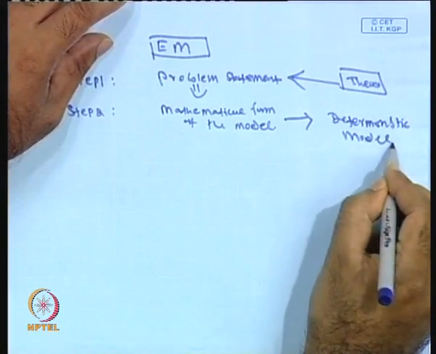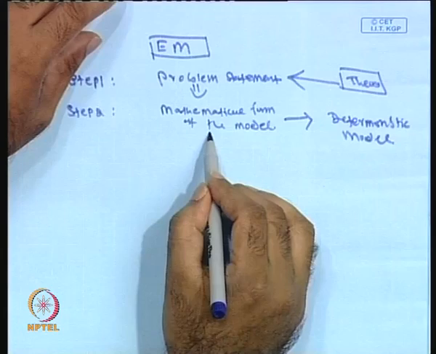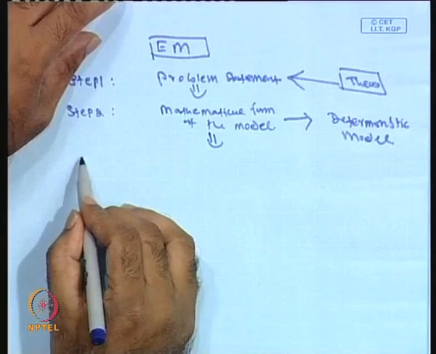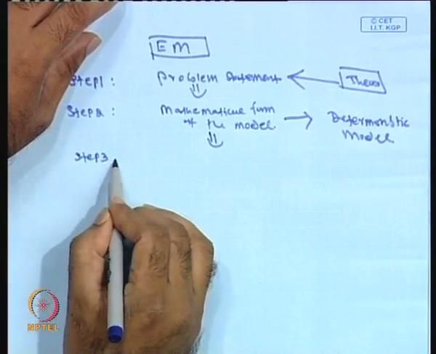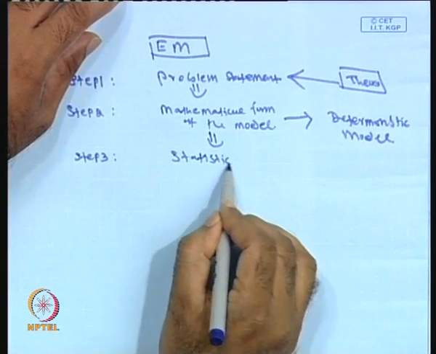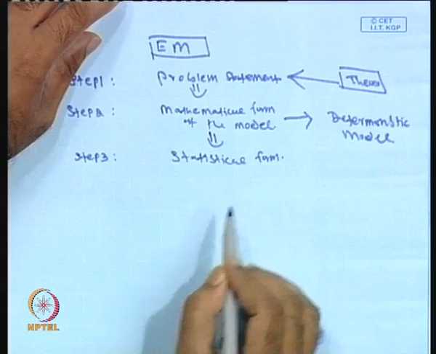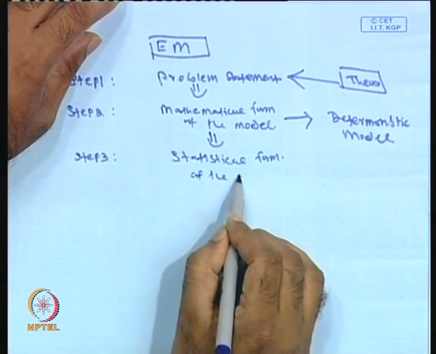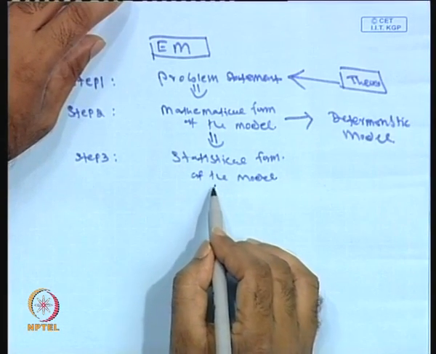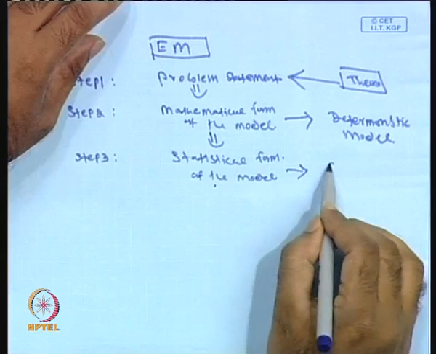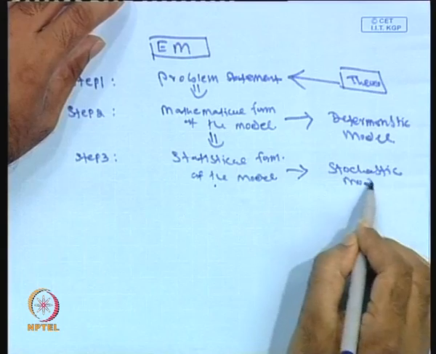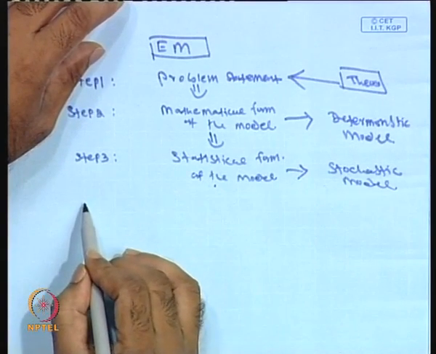Once you have the mathematical form of the model, it has to be transferred into the statistical form of the model. So the step 3 process is nothing but the statistical form of the model, which is nothing but a stochastic model. Now we move to step 4.